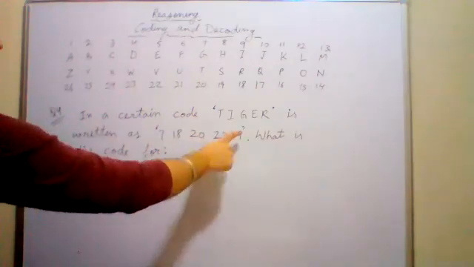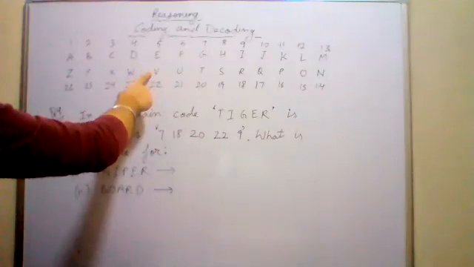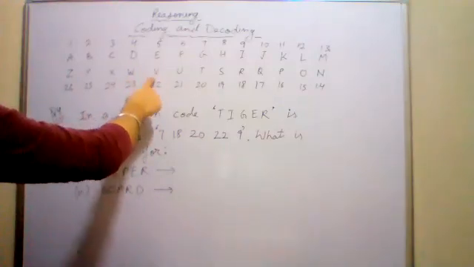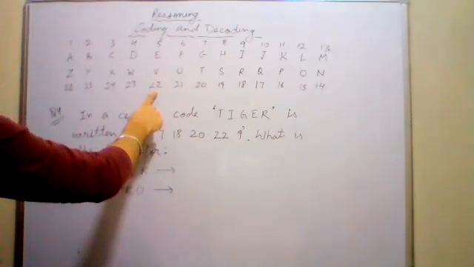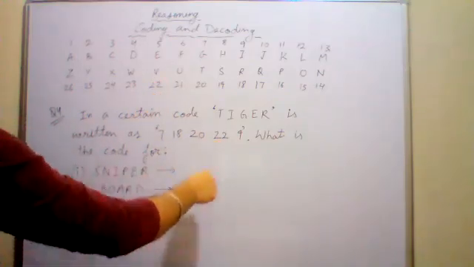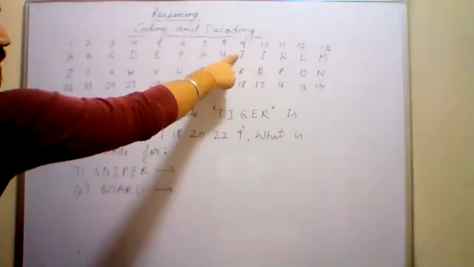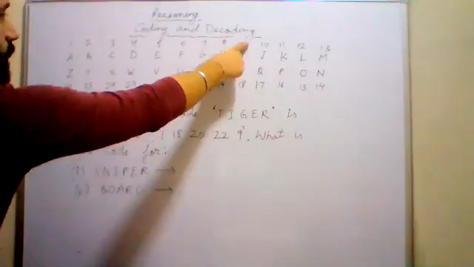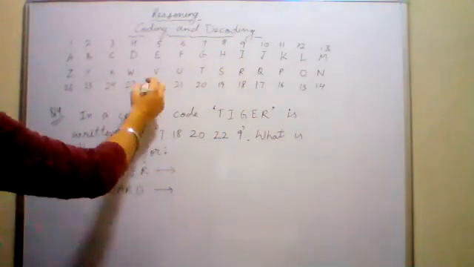E, the alphabet opposite to E is V, and the numerical equivalent of V is 22. And R, the letter opposite to R is I, and the number for I is 9. So this is how the coding of tiger is done.